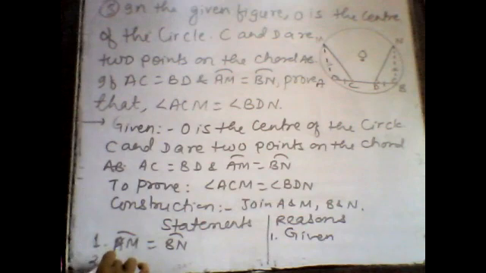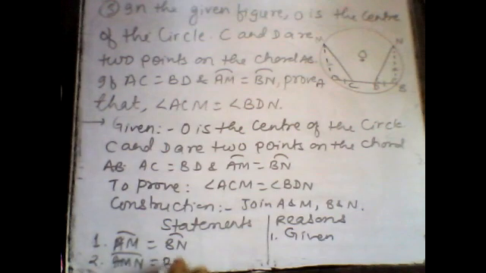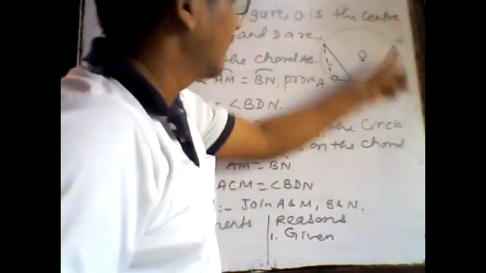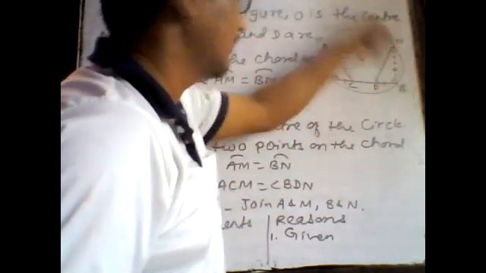Number 2, arc AMN equals arc BNN. If MN is added to AM, we get AMN. If MN is added to BN, we get BNN.